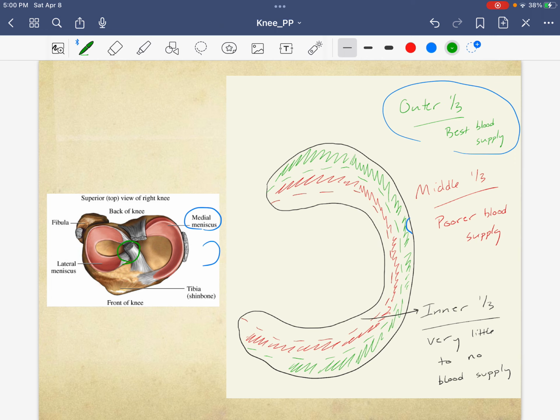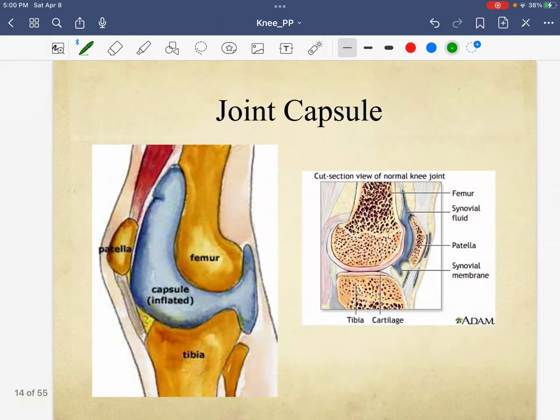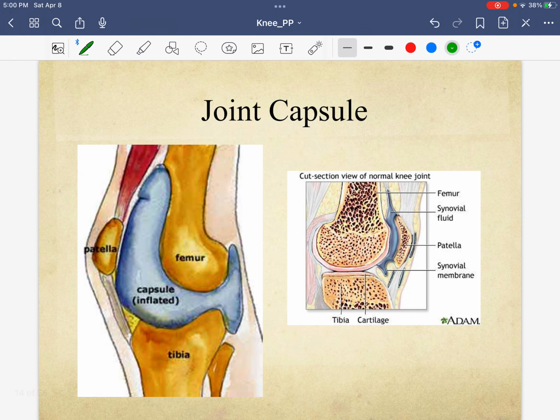Okay, a couple other extra anatomy things. Joint capsule. So we know that every synovial joint has a connective tissue wrapping around it. I keep saying it looks kind of like saran wrap, right? No different here.